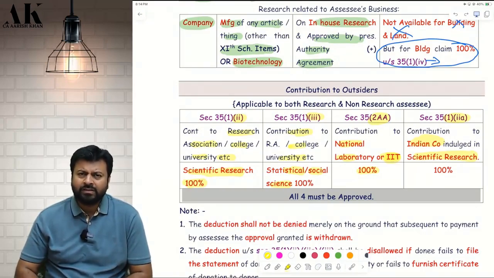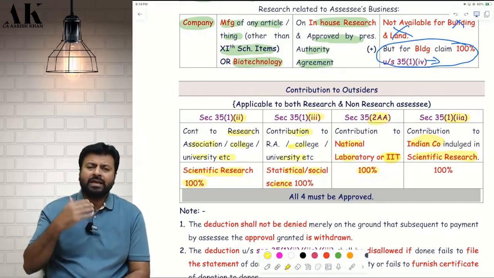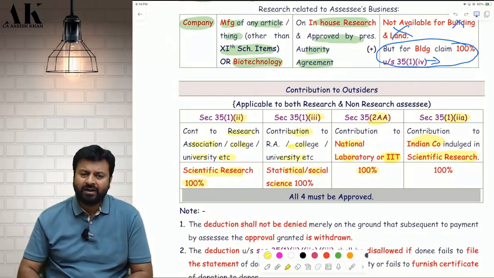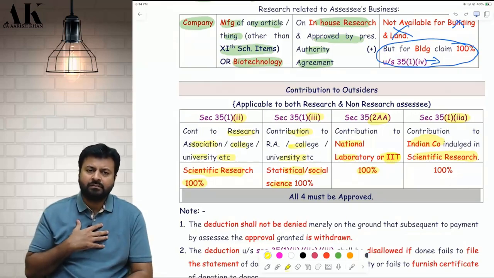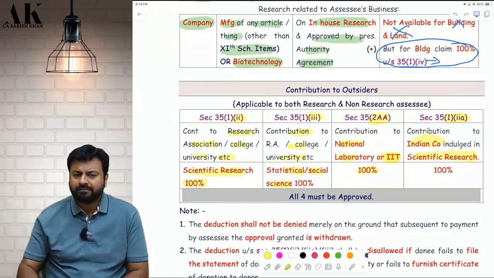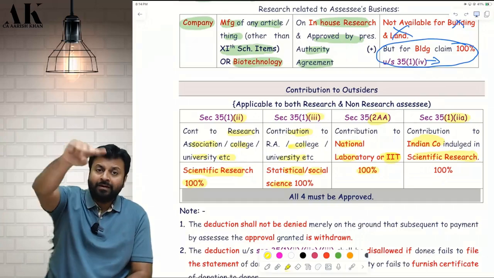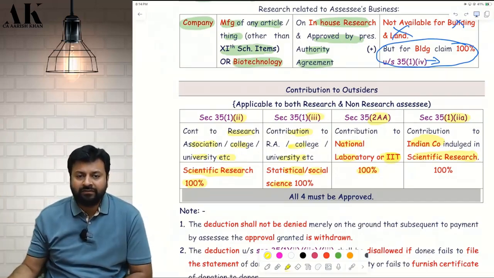Now there is a problem which is created here. Listen carefully. Suppose I am a company and I gave a donation of 10 lakh rupees to an institution engaged in scientific research. I claim the deduction. After a few months, or after a few years, the government withdraws the approval of the Scientific Research Association.